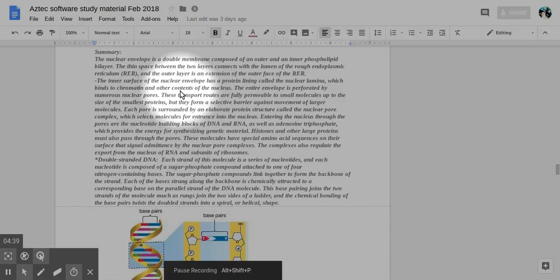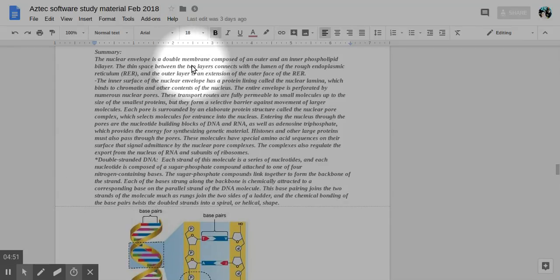So also the layers between the outer layer of the nucleus, since the nucleus has a double membrane, there's an area between these membranes connecting with the lumen of the rough endoplasmic reticulum, which is the outer part of the RER.